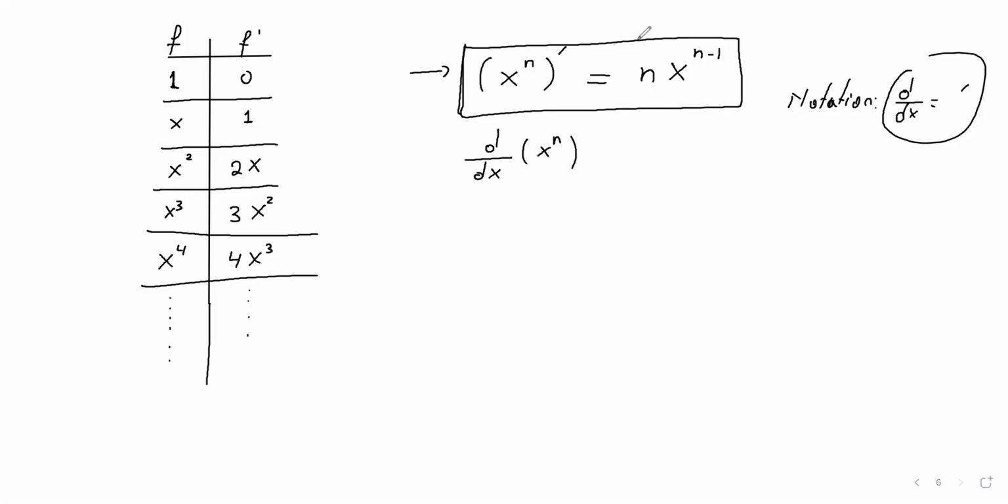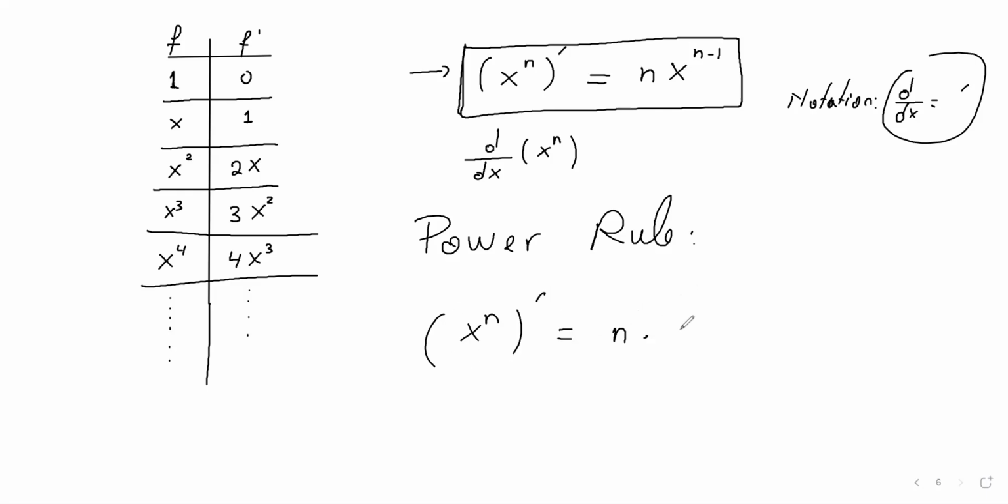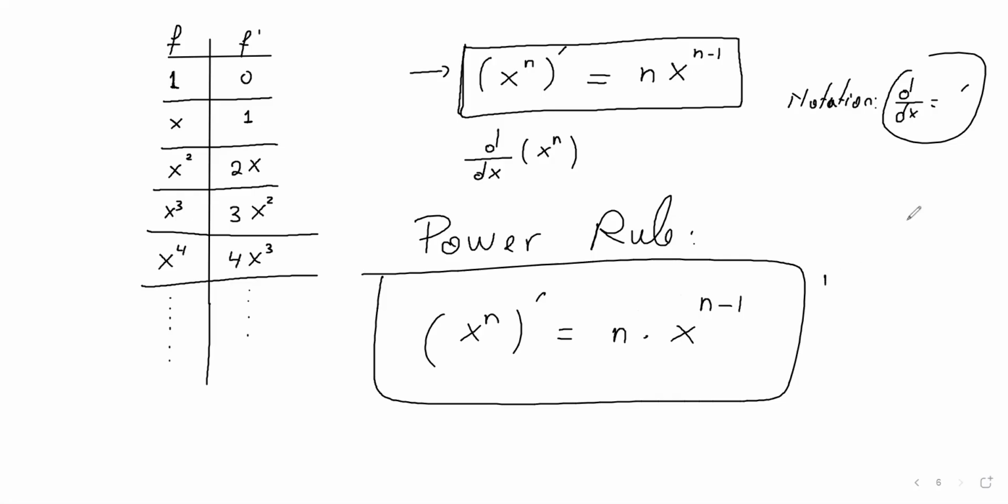Once we get this out of the way, we derive a power rule. Everything else is really simple here. So I'm just going to put here in the middle of the page the power rule. And everybody should remember that x to the n prime is equal to n times x to the n minus 1, the big, very important power rule.